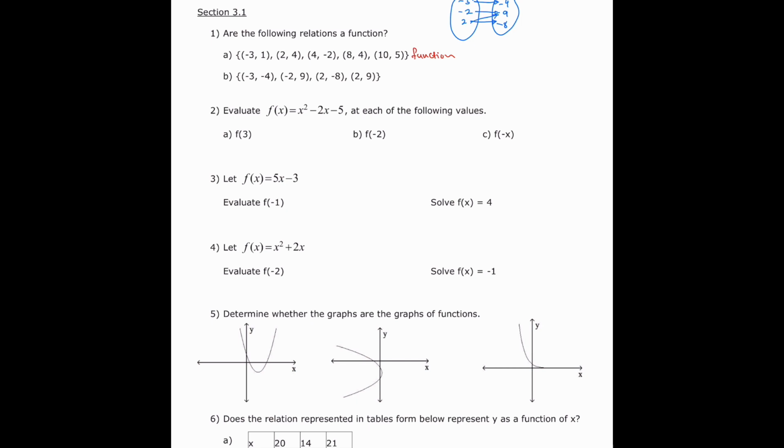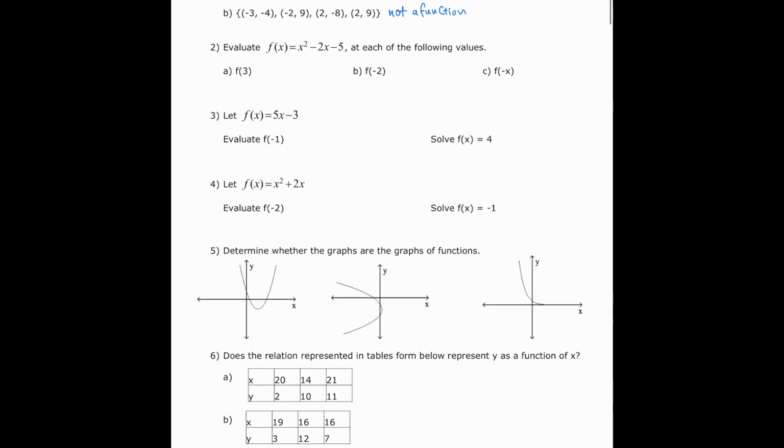So as you can see here, this is not a function. 2 has 2 elements in the range that are mapped to 2. So this is clearly not a function. So I will erase the correspondence, which is my work.